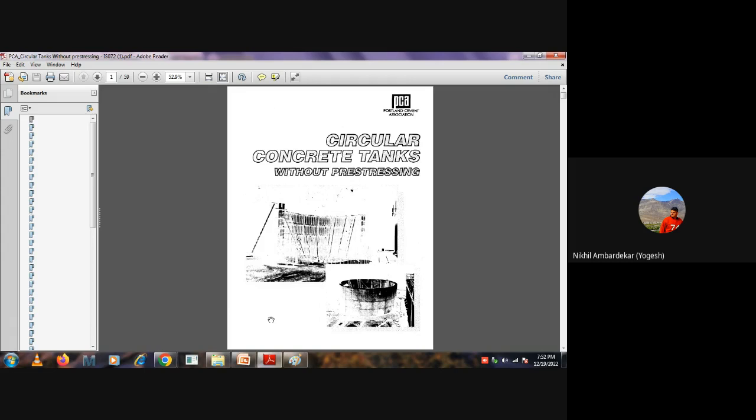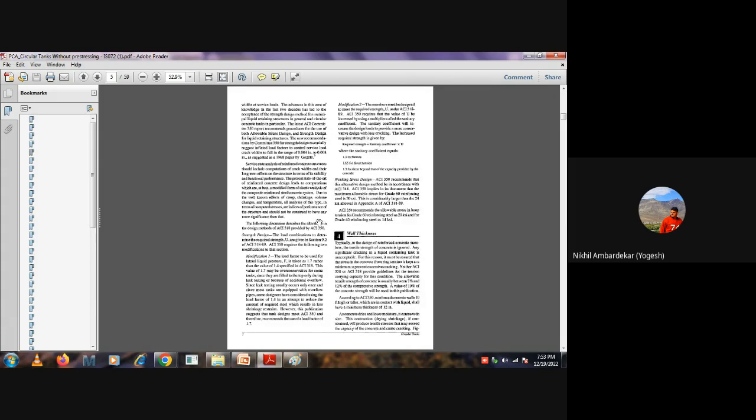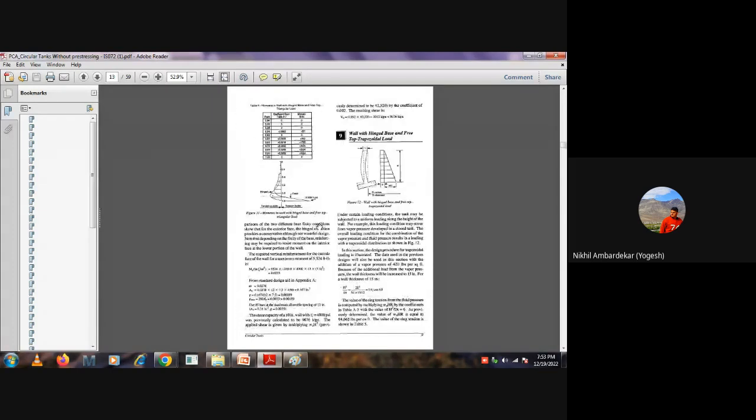If you have a pre-stressed or post-tensioned tank, you cannot use them. Same with the rectangular also.